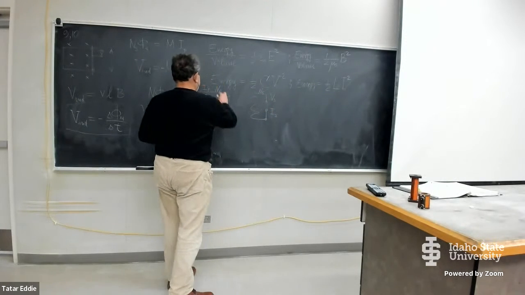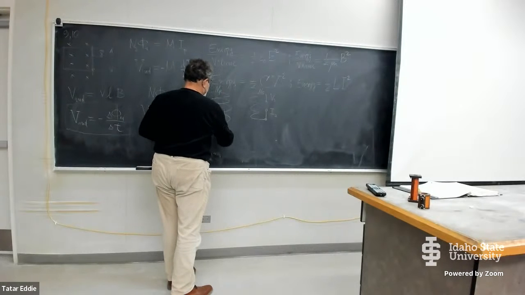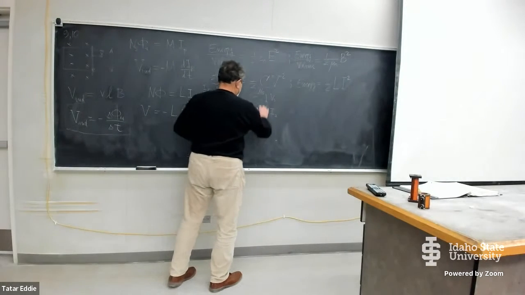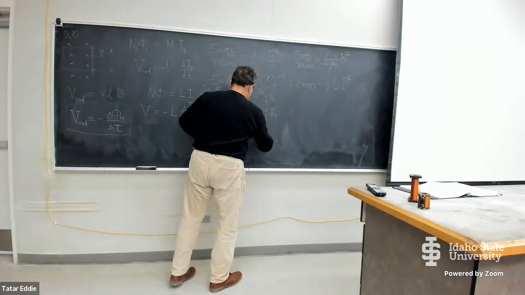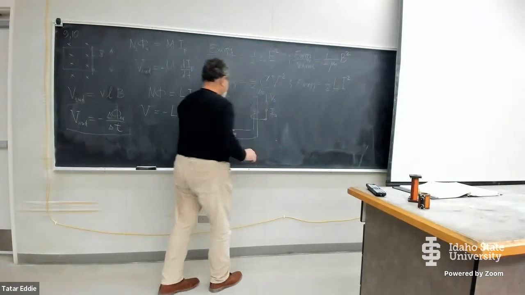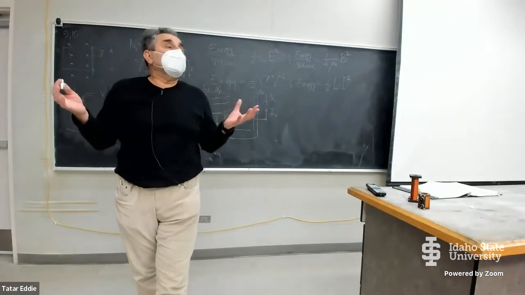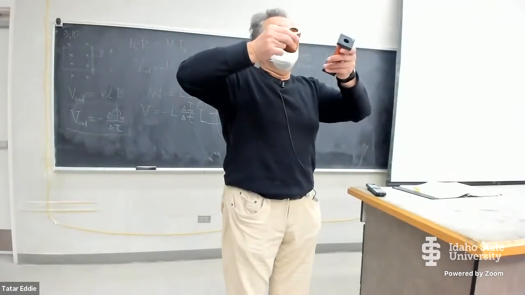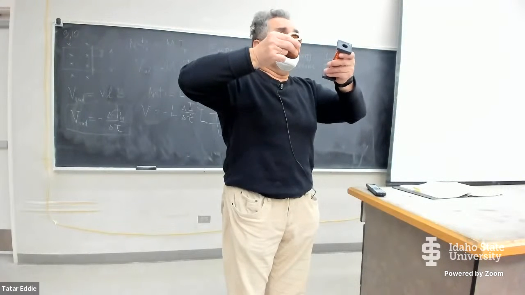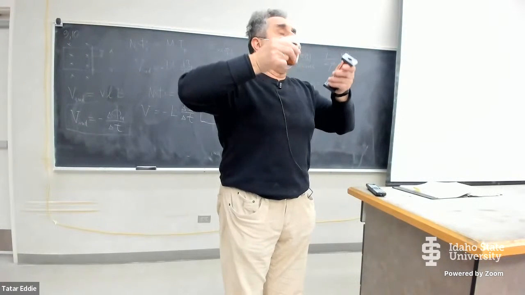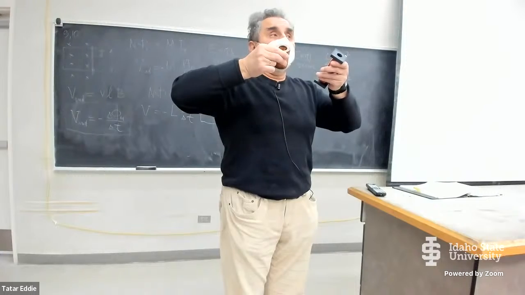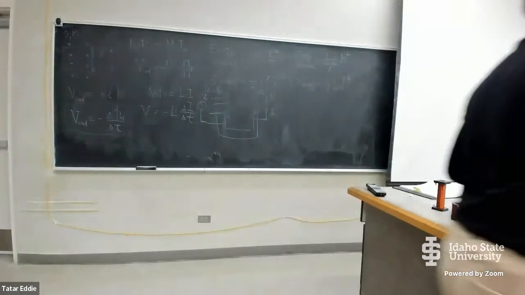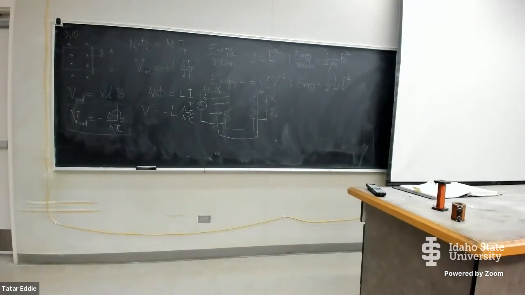And you do that by connecting the two coils with a ferromagnetic, iron core. So here is a transformer like this.